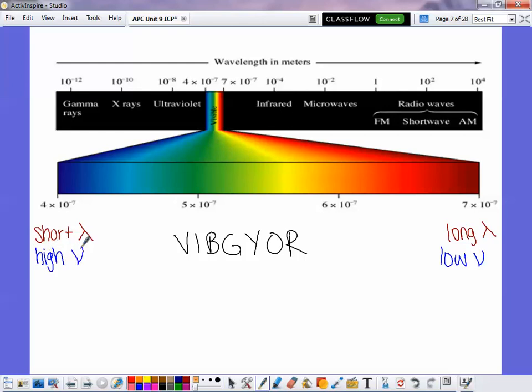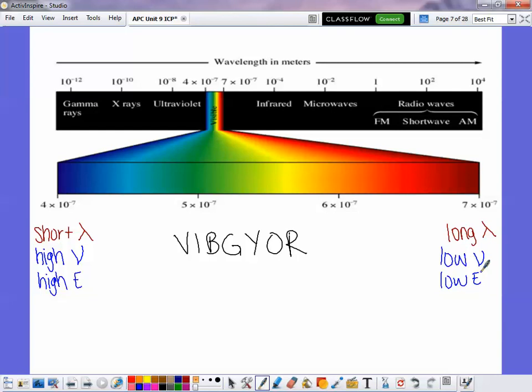Now, frequency and energy are directly related. The higher the frequency, the higher the energy. And the lower the frequency, the lower the energy. Okay? So, if you're looking on this chart, visible light is typically going to be times 10 to the negative 7 meters.